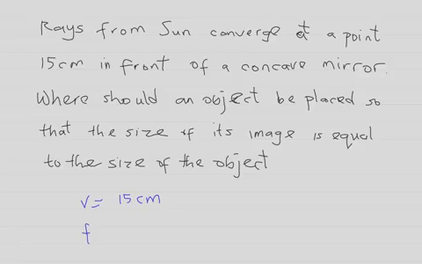So that means F is equal to 15 centimeters in this case, because the image is formed at the focal point. So it's good to learn concepts, so that when you want to solve calculations, you may apply the concept.